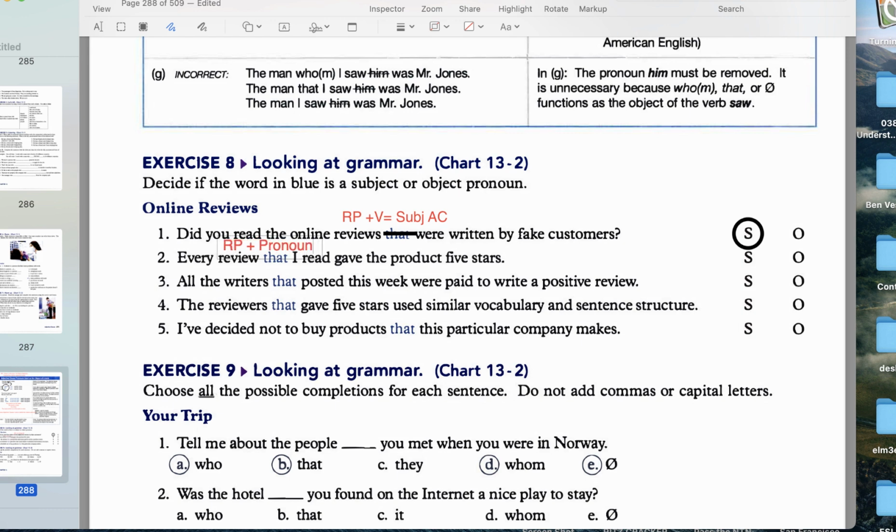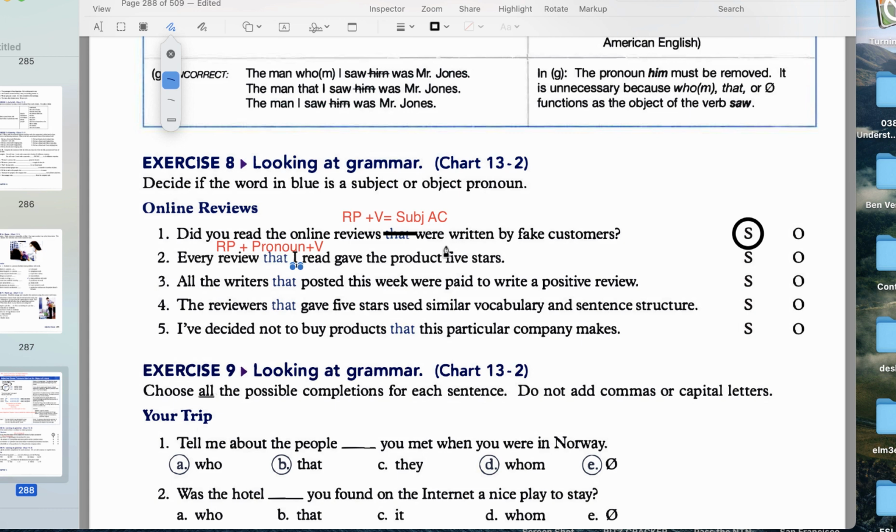So if you have relative pronoun plus pronoun, and then plus your verb, you know immediately that, oh, okay, this already has a subject, so I can delete this because it already has a subject. Okay?